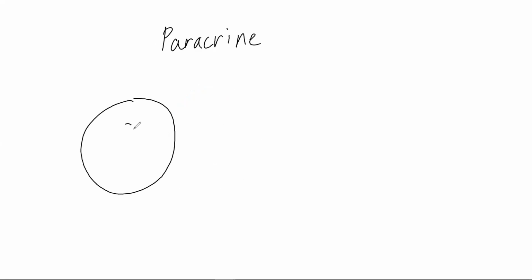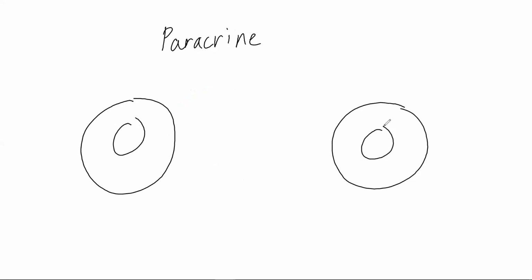In paracrine communication, a cell sends a signal to its neighbor. In this case, the cell on the left is going to be the one sending our ligand out. So it's going to produce a ligand and send it out.